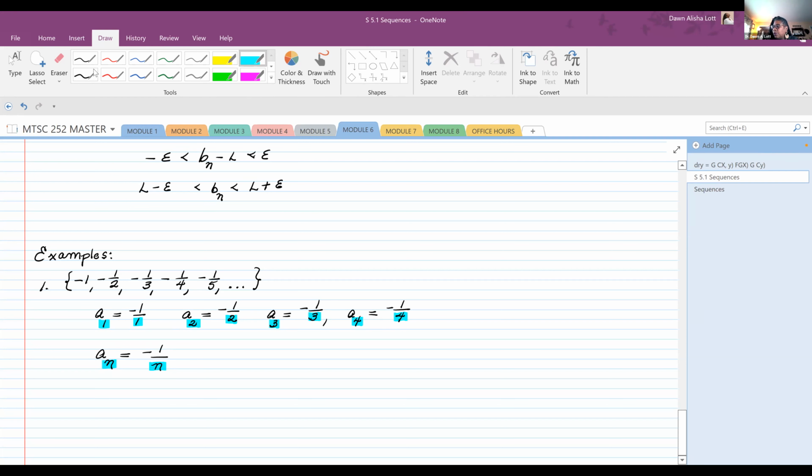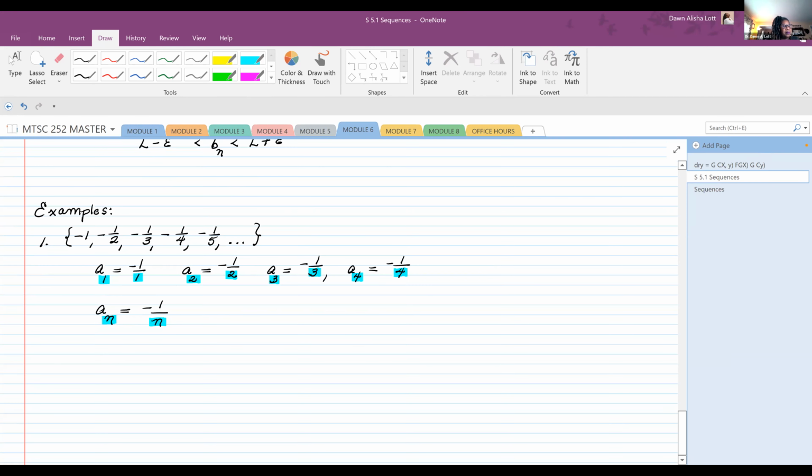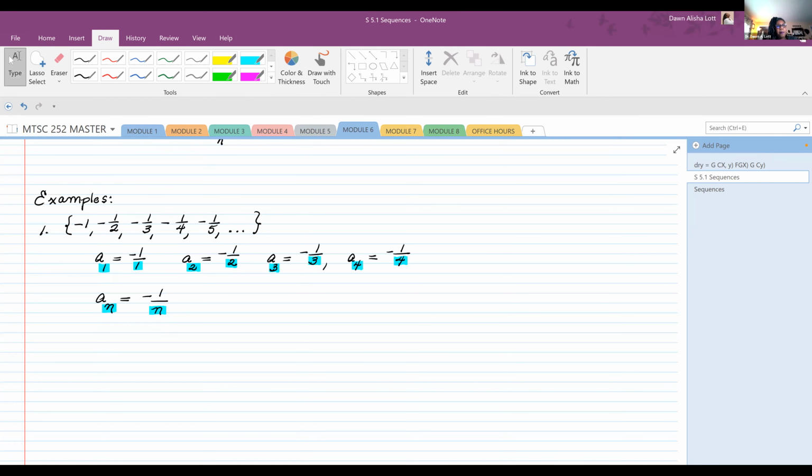So that's the general form of my sequence. Okay. So now if I want to find out whether AN converges or diverges, I'll take the limit as N approaches infinity of -1 over N. I can pull the negative out. We're going to use some limit laws in a minute. The limit as N approaches infinity of 1 over N. And we talked about this.